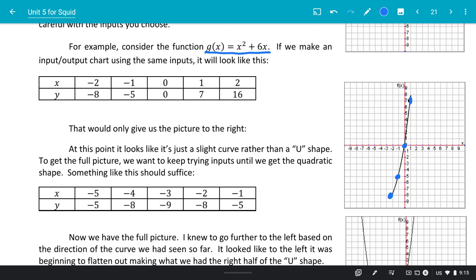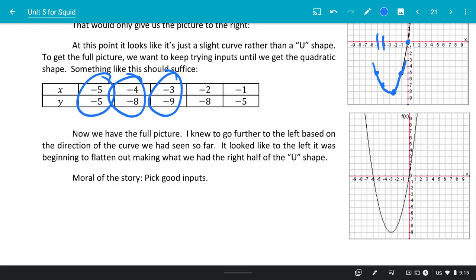So we need to use these numbers that are on the other side, like -4, -5, and so on. So if we plug those into the equation, we get -5, -5. We get -4, -8. Now we can see the U shape of the parabola. Now we get the full picture.